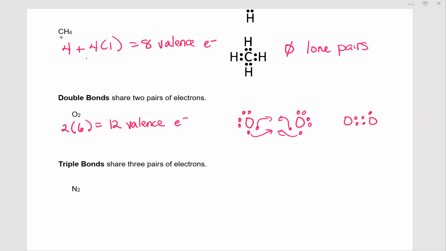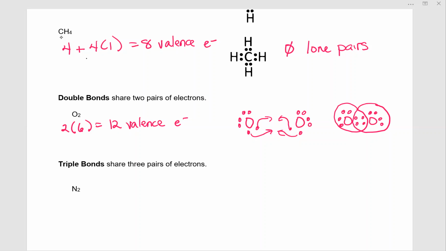And then we've got 2 lone pairs. If we draw the Venn diagram, each oxygen gets to count all the electrons that are shared. So each has met the octet rule.